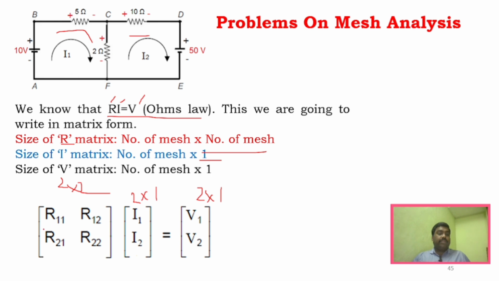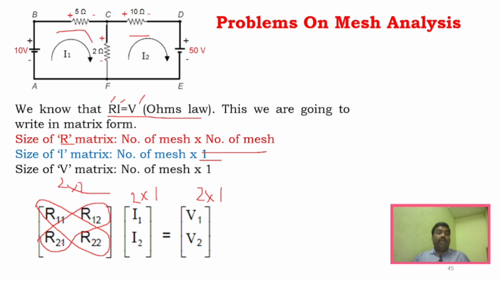If you take this element, it is a diagonal element, which is the sum of all the resistors of the corresponding mesh. Whereas this is considered an off diagonal element. The off diagonal elements will always be negative because we are considering all the meshes in the same direction.